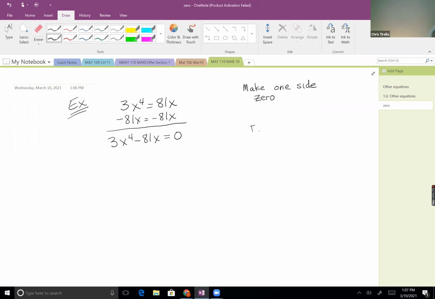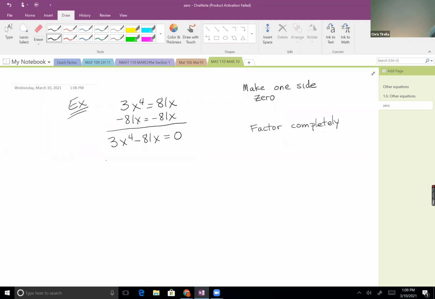And now we're going to factor completely. When I see factor completely, I have a checklist I go through. First thing I say to myself is, is there anything in common? And I see 2 things in common.